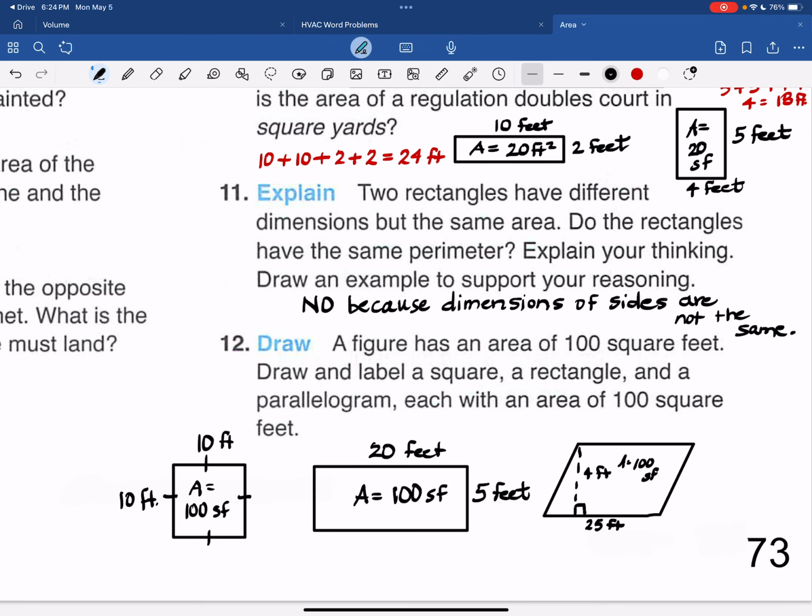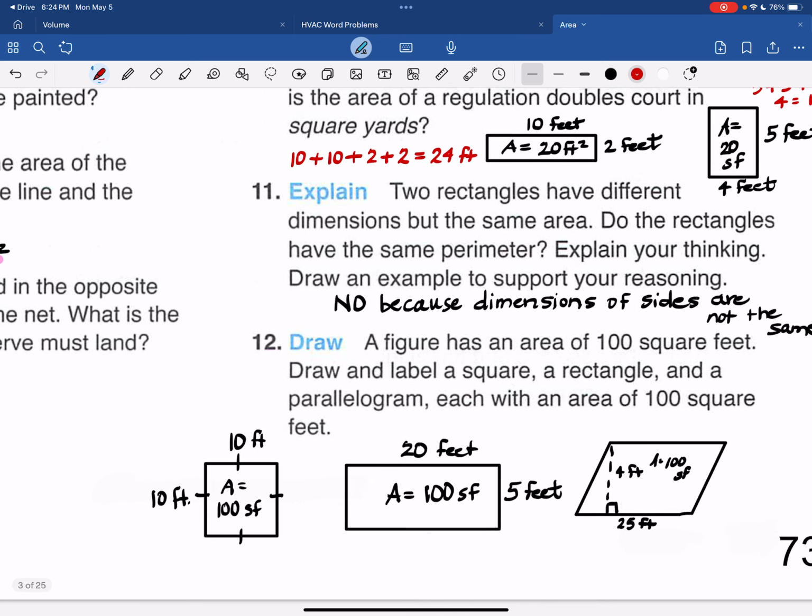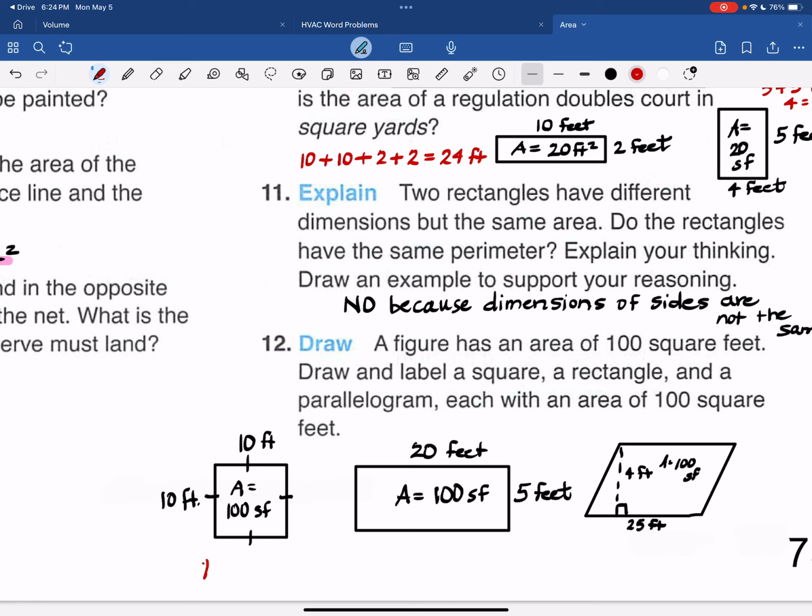So these examples fit the description that they gave us, and you have a lot more leeway with the rectangles and parallelograms. Square, it has to be square, has to be the same on the outside. And this will actually illustrate that perimeter thing for us. If you do perimeter of a square, it's going to be 4 times the side.